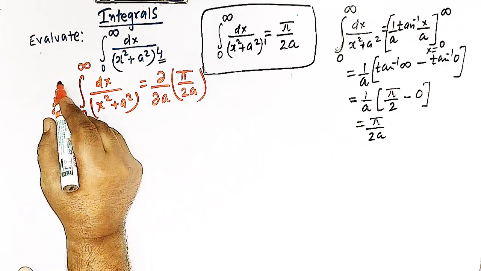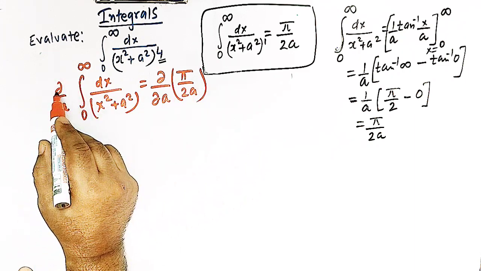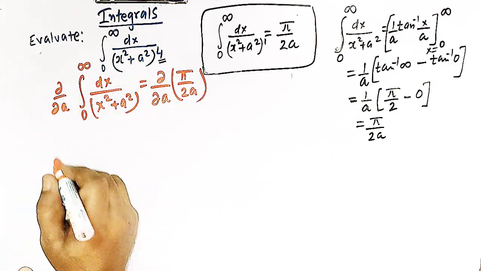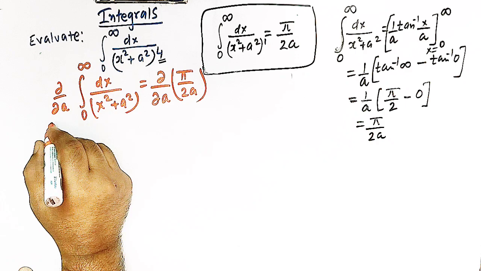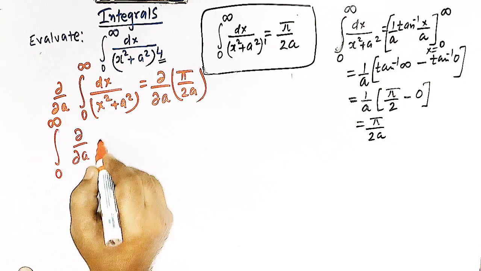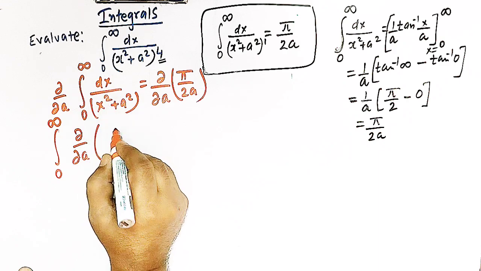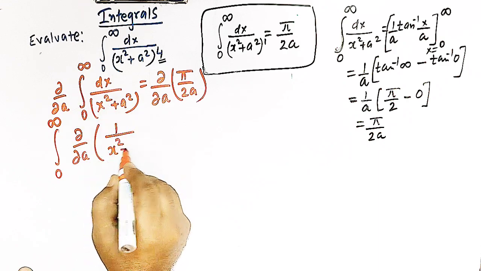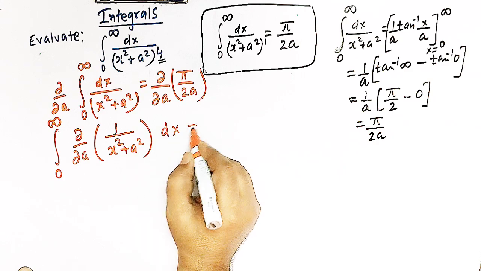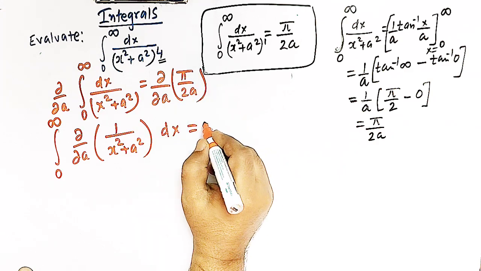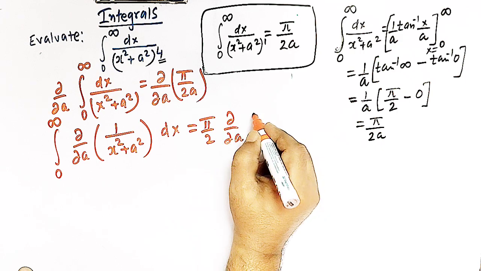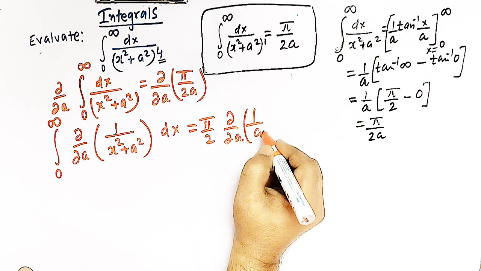Now let us take this partial derivative operator inside the integral sign. So we have 0 to infinity, del over del a of 1 over x square plus a square, dx, and here pi over 2 is a constant, and we have del over del a of 1 over a.